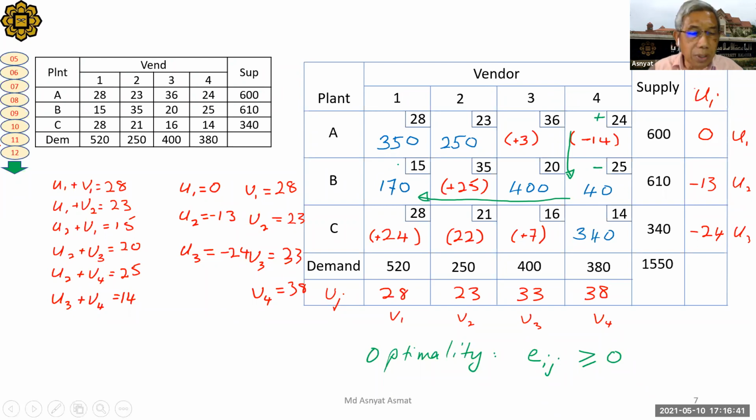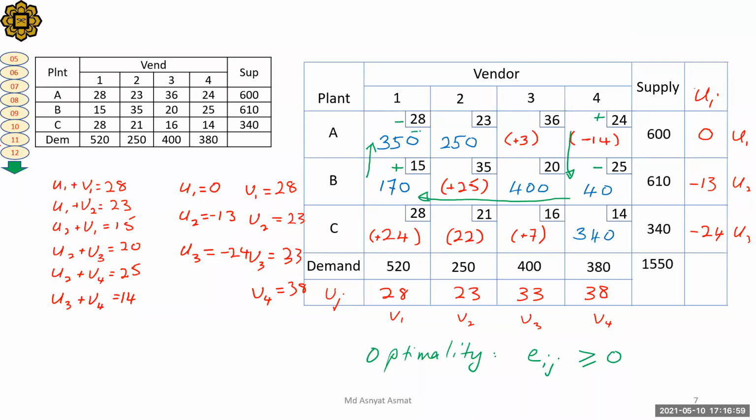What sign should I put here? Positive. Then move up. Negative, positive, negative, alternately. Then close back.